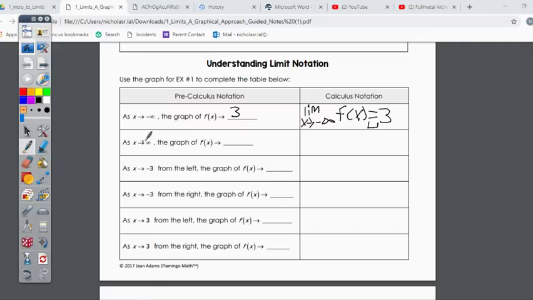As x approaches infinity, the graph of f of x approaches 3. The limit as x approaches infinity of f of x is equal to 3.